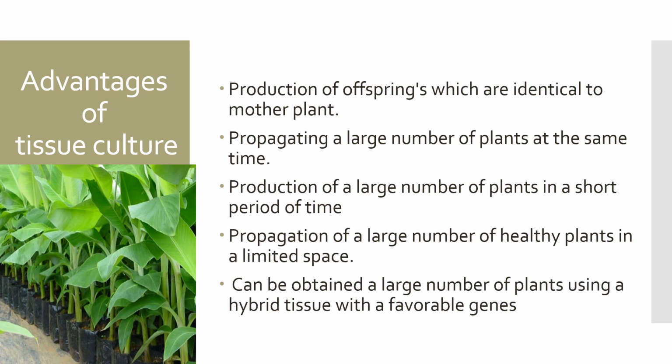So these are the main advantages of doing tissue culture, and we are using this method to obtain new plants from banana species, and also for ornamental plants like anthurium and orchid. This is a common and advanced method that we are using to obtain a large number of identical plants from a single tissue obtained from a mother plant.